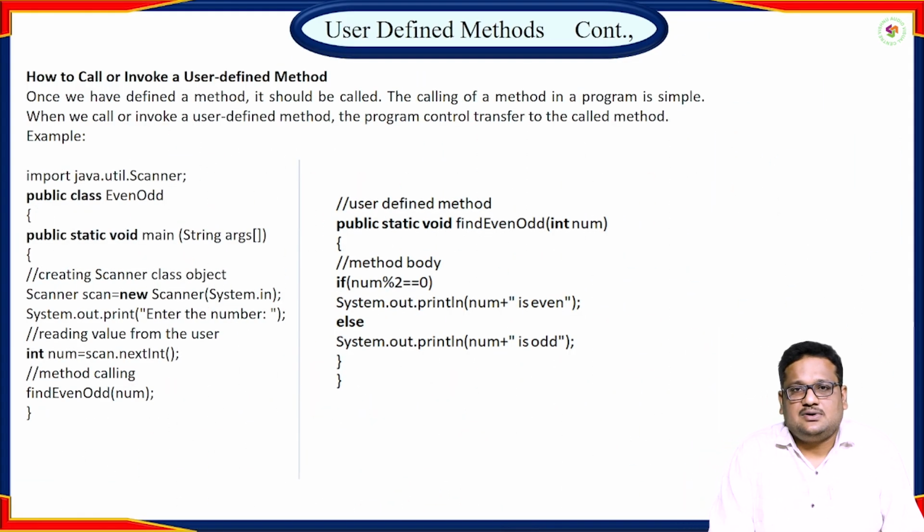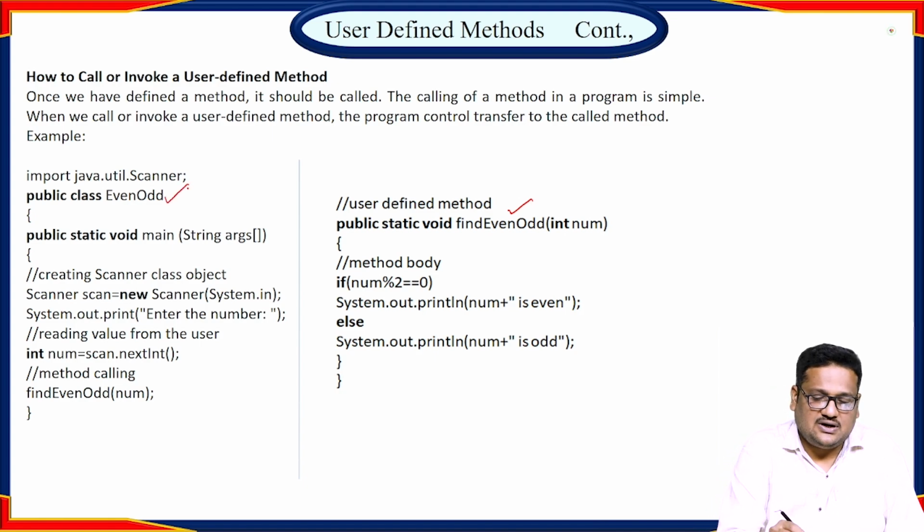In the previous example, we have seen how to create the block of a method, and here we will see how to invoke the block of a method from the class. If you see this example, here I have taken one method, the method is findEvenOdd. I have taken the method inside a class. The class name is EvenOrOdd.